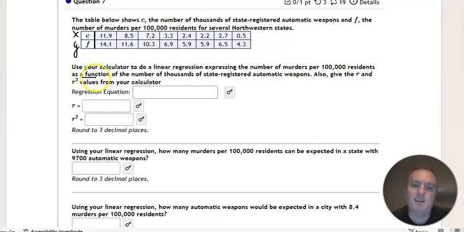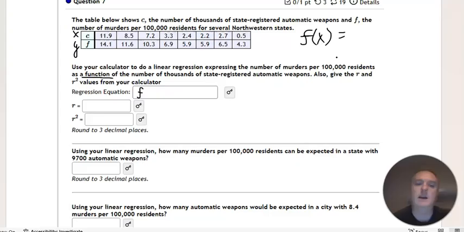So the tricky part of this is it wants it in function notation. So the function is the y value, it's f, and function notation, I don't know if you remember from algebra, we'd have the name of the function, and then in parentheses would be an x value.